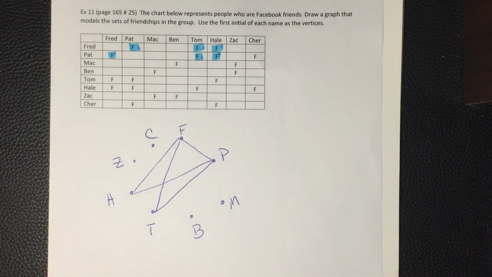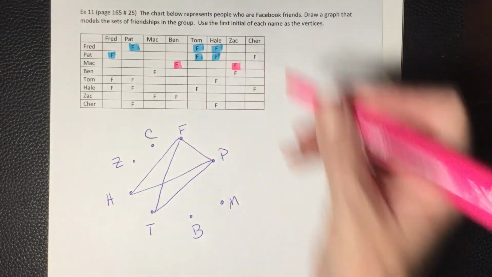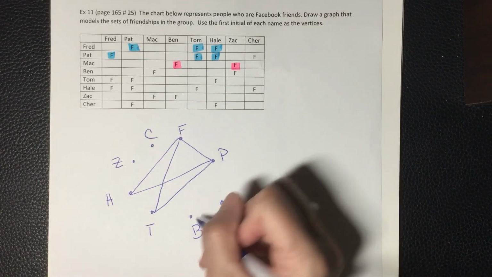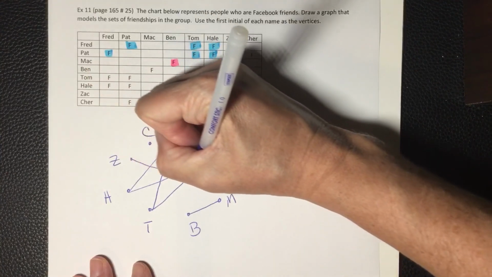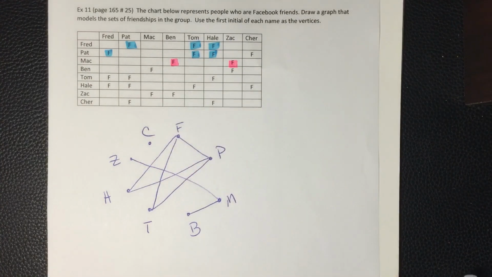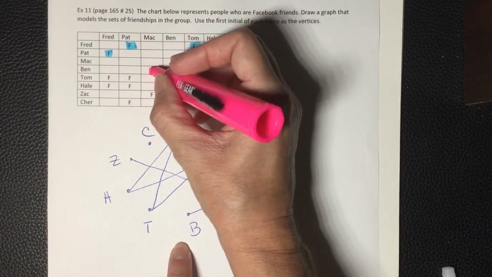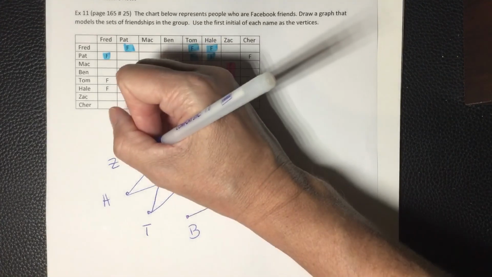So if I move down to Mac, Mac is friends with Ben and Zach. So here's Mac. Mac goes to Ben, and Mac goes to Zach. All right, so then we move on to Ben. We've already connected Ben to Mac. We just have to connect Ben to Zach.